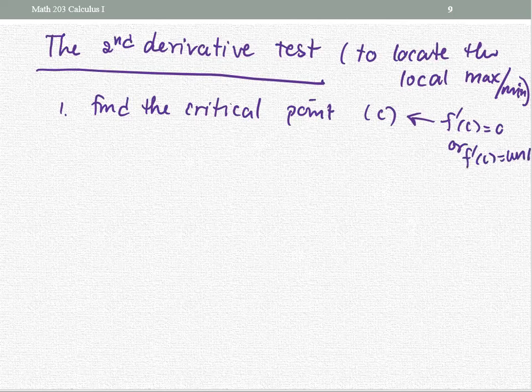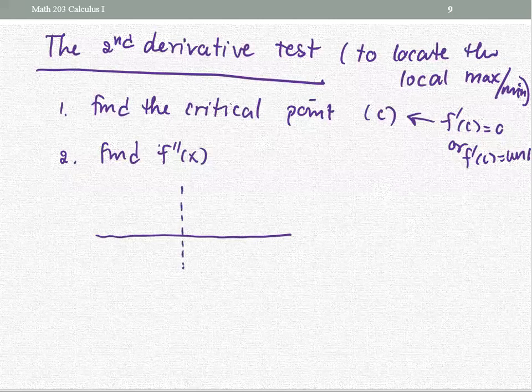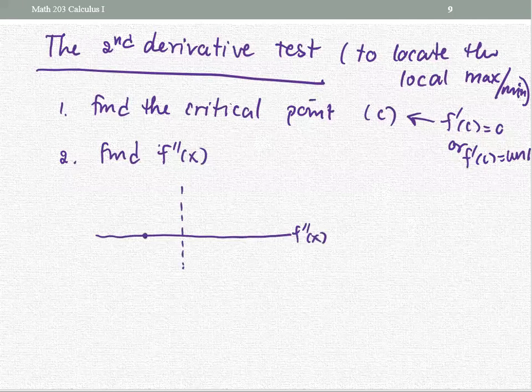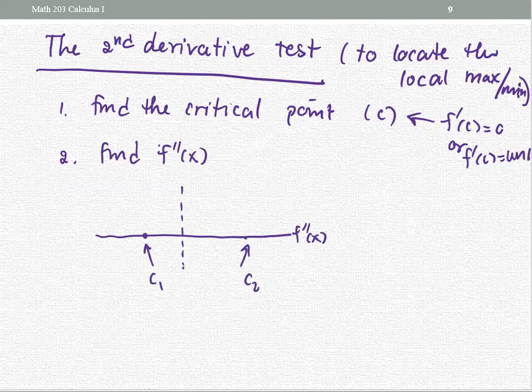Start with the critical point, and then step number 2, you find the second derivative, and then draw the real number line. For example, this is the second derivative line, and if the point c is over here, I write it as C1, and over here as C2.